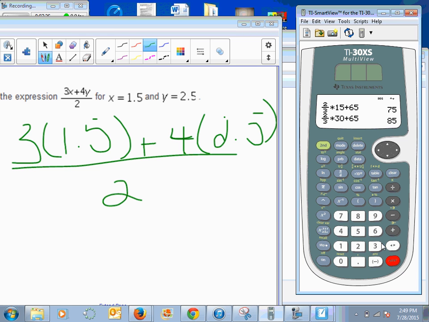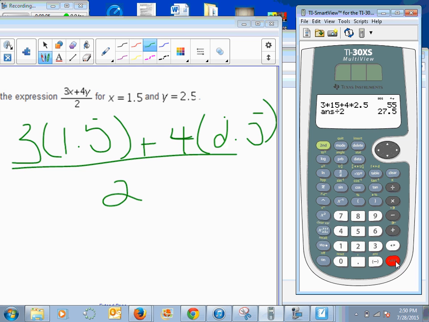So let's clear that. Three times 1.5 plus 4 times 2.5. Wow. Let's get rid of some of that. 55, then come back and divide by 2. 27.5.